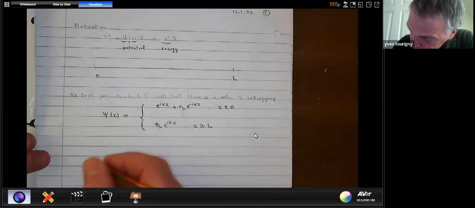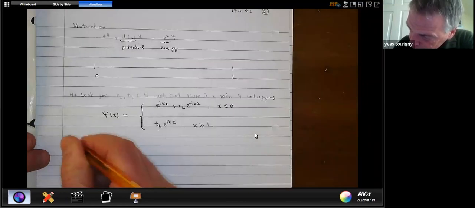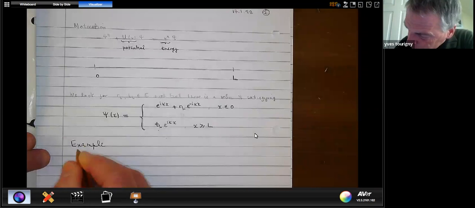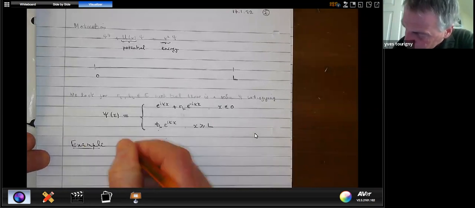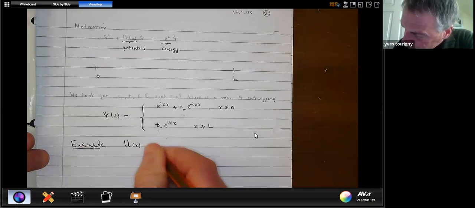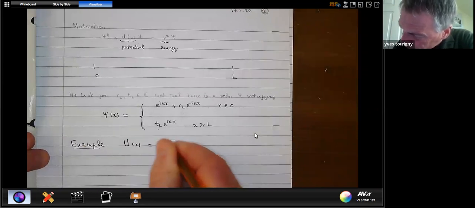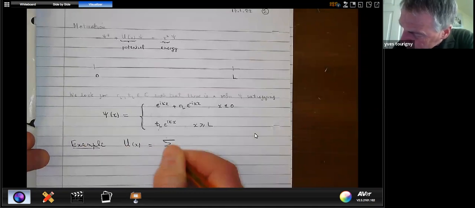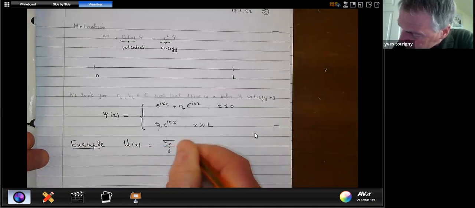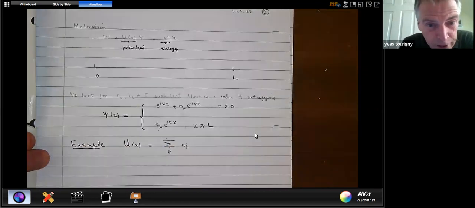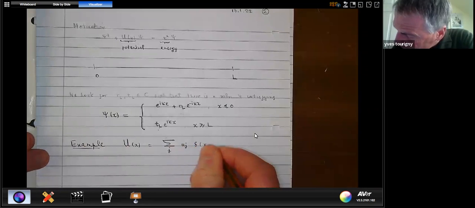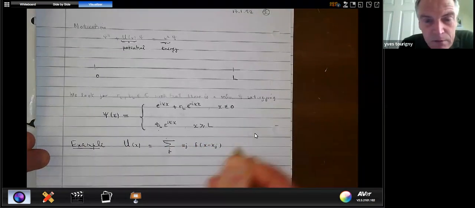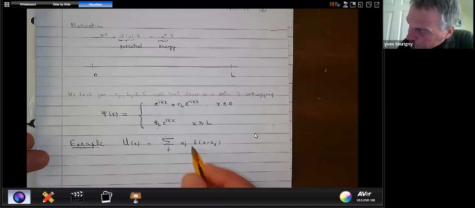So we're going to have an example. Now, this potential is somewhat unusual. It's going to be a superposition of Dirac deltas. So here we imagine that we've got some numbers u_j, and well, physicists refer to these things as impurities.